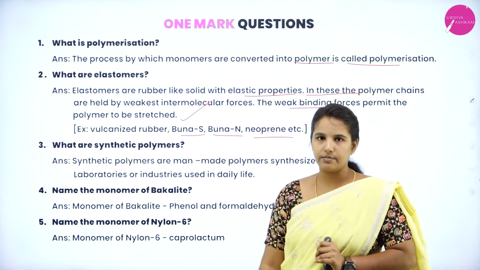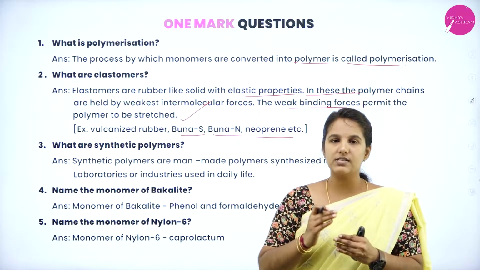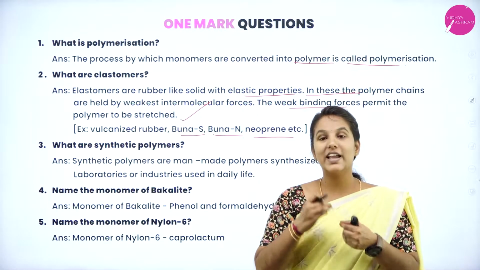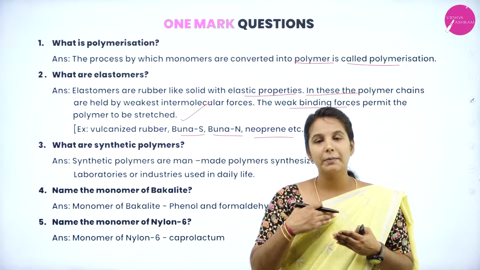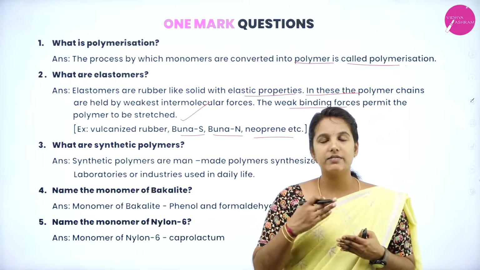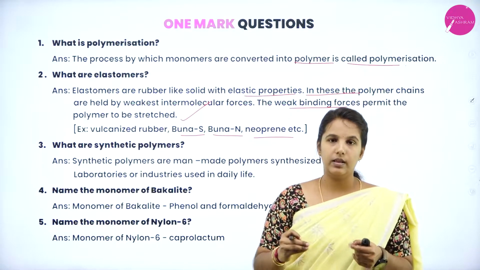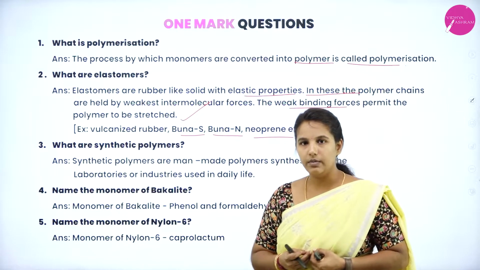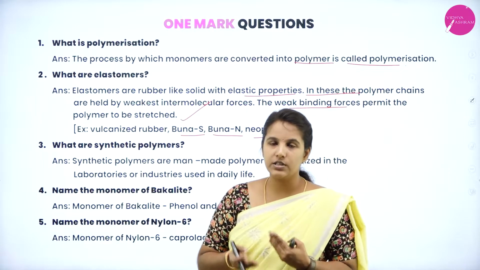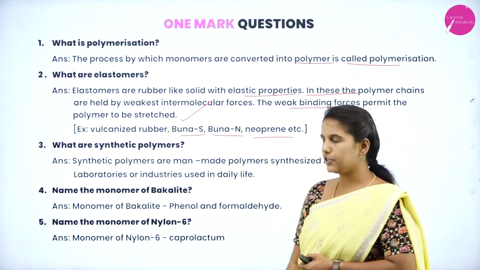The name itself shows that it is an elastomer, a polymer which is elastic in nature. Why are they elastic in nature? Because between the monomers there is a very weak force of attraction, hence they can easily be stretched. The best example is rubber, a polymer which can be easily stretched because of the weak intermolecular forces of attraction.